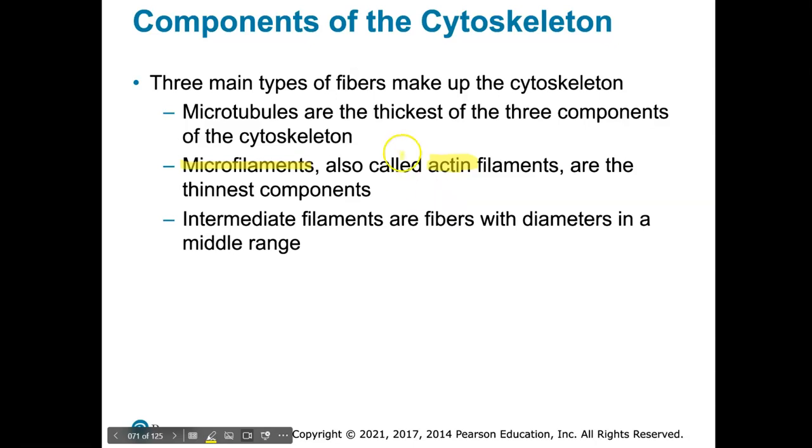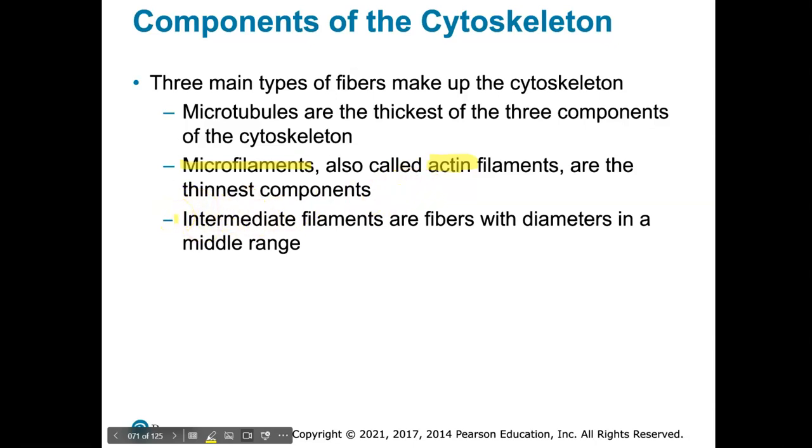Basically, a thick filament called myosin attaches to actin and pulls on it, and that causes a muscle contraction. But in the cell, actin is just the name for the microfilaments. They play different roles, and they can play a role in movement.